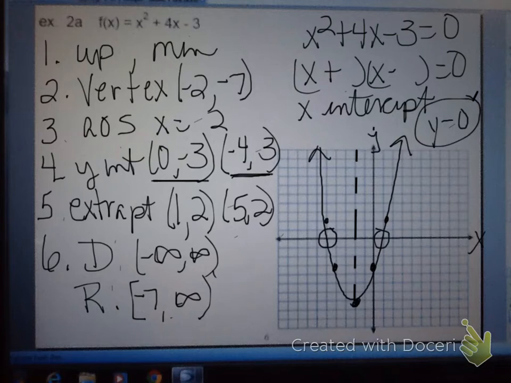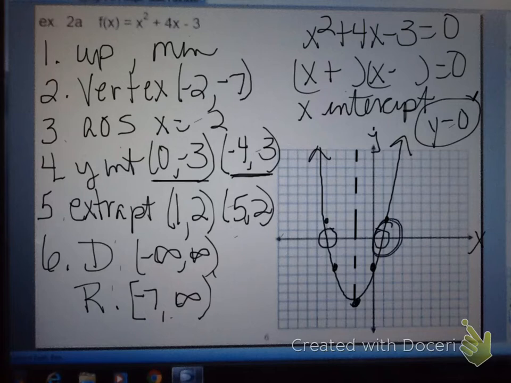So then you hit second function trace, hit number 5 where it says intersect, enter, and you want to move your left cursor to where it's close to the x-axis and your curve right here.